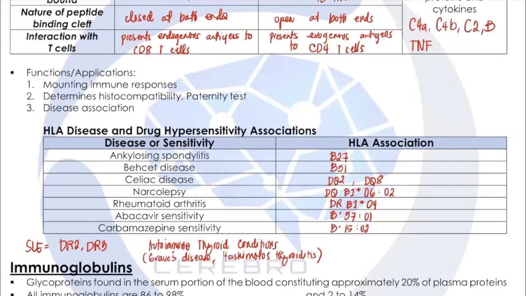Associated din siya, similarly with SLE, with HLA-DR3. Then we have alopecia areata, which is associated with HLA-DR5.